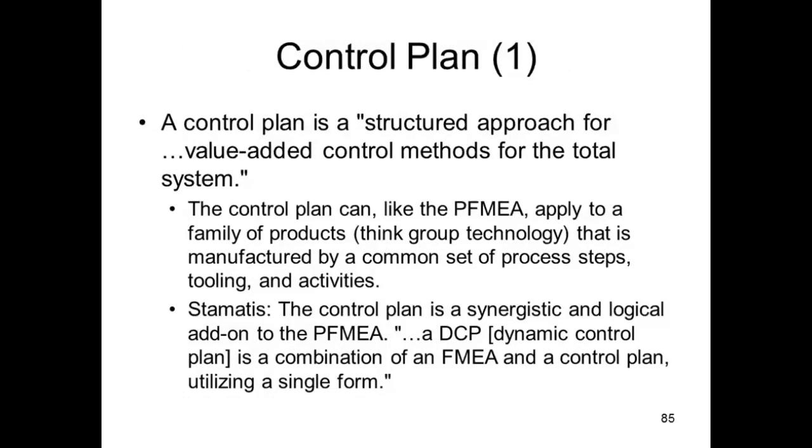And Stamatis says you can get a dynamic control plan by combining an FMEA and control plan using a single form, which makes sense because the control plan can apply to each step of the process and also address the potential failure modes.